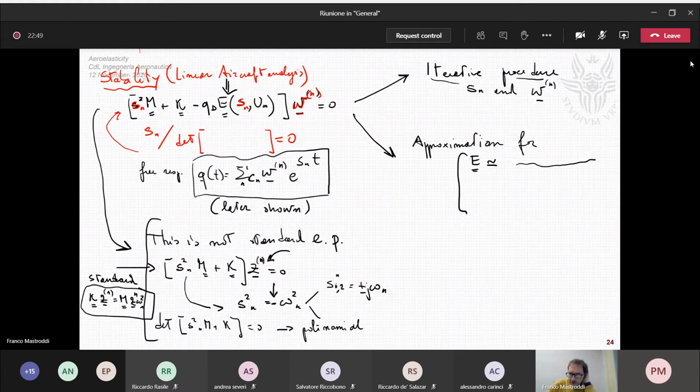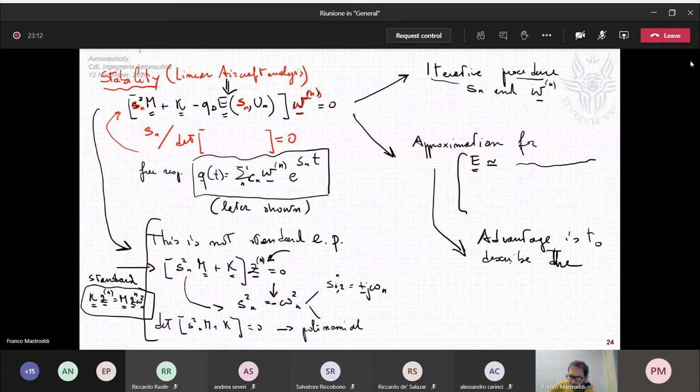This second possibility has the main advantage of describing the aeroelastic system in a state space form. This is what I told you last time in the previous view graph.